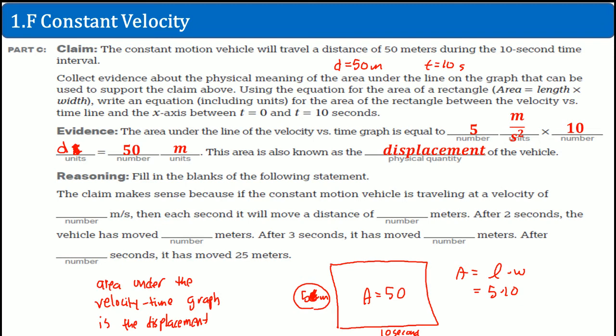The claim makes sense because it is moving with constant motion. It is traveling at a velocity of 5 meters per second, and each second, it moves another 5 meters. After 2 seconds, it has moved 10 meters, right? 5 plus 5 is 10. And at 3 seconds, it should be 15 because you add another 5. And after 5 seconds, it moves 25 meters, right?